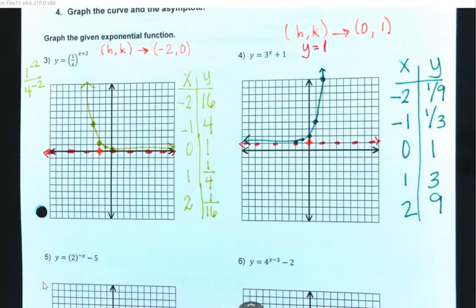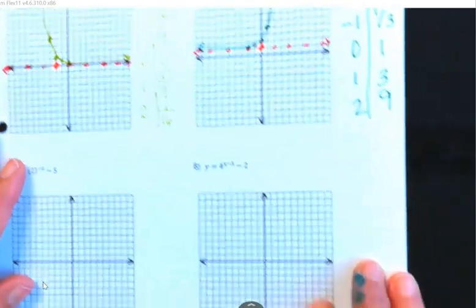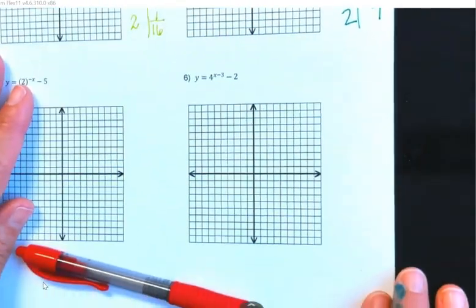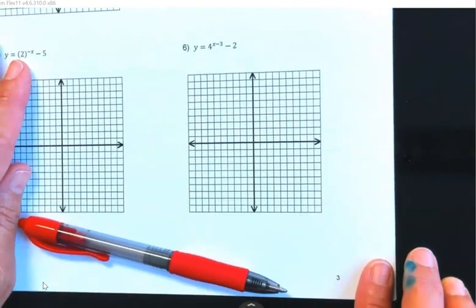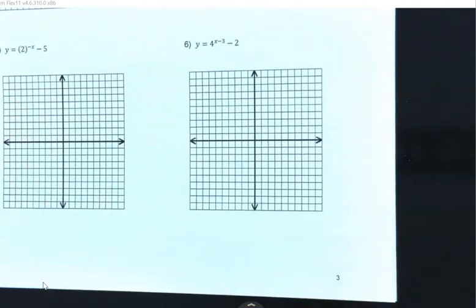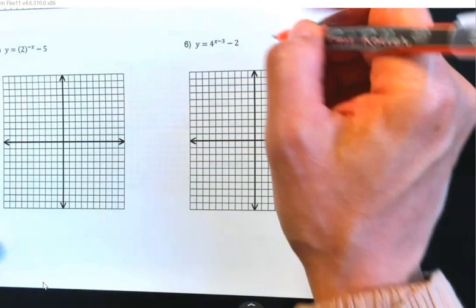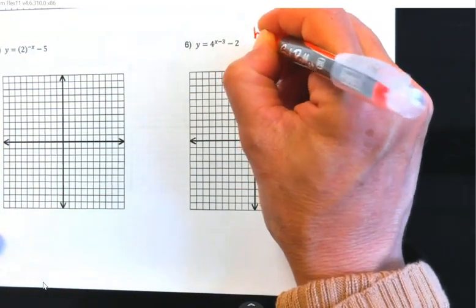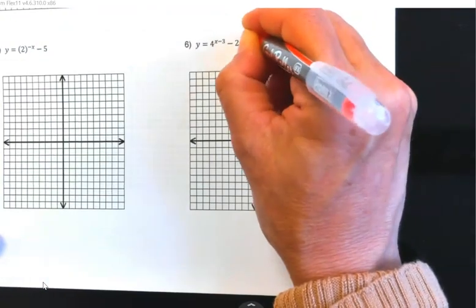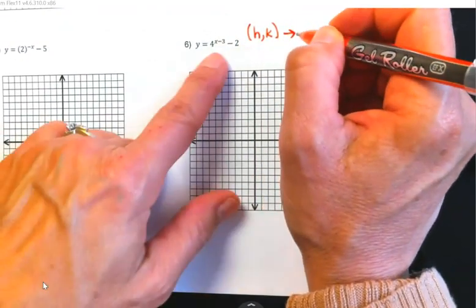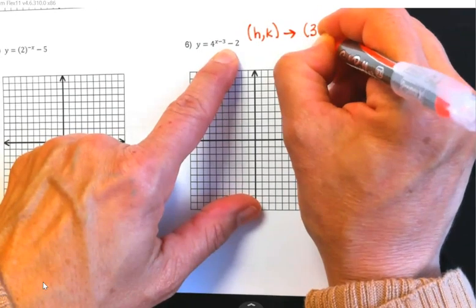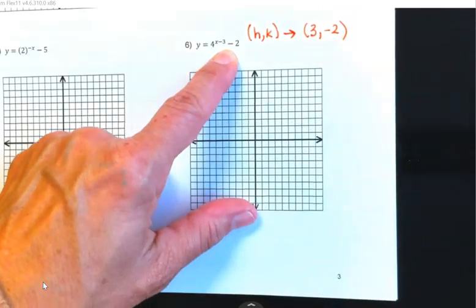All right, we're going to do one more. We're going to do problem number 6. Let's look at problem number 6 because you have a horizontal and a vertical translation. All right. For problem number 6, let's go ahead and identify HK. HK is going to be +3, -2.